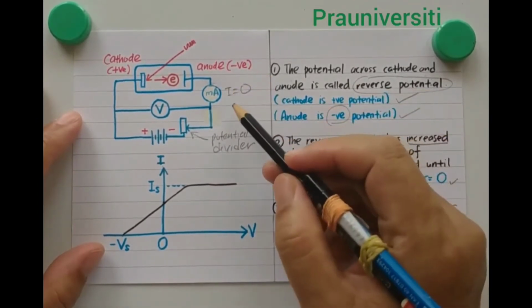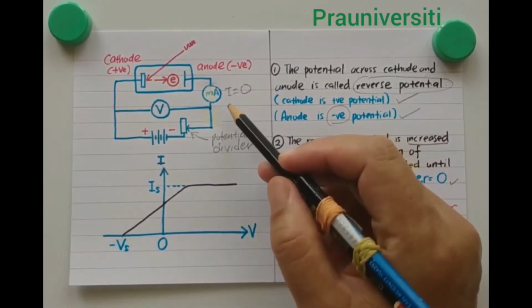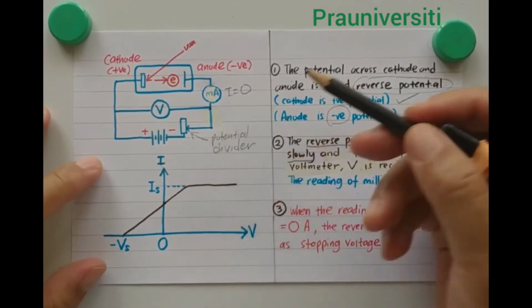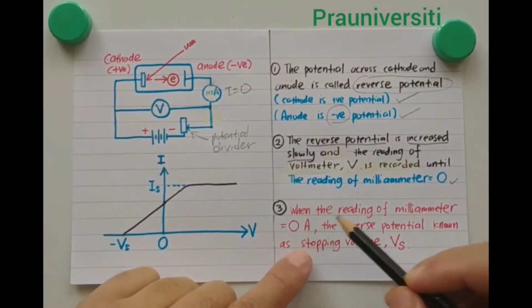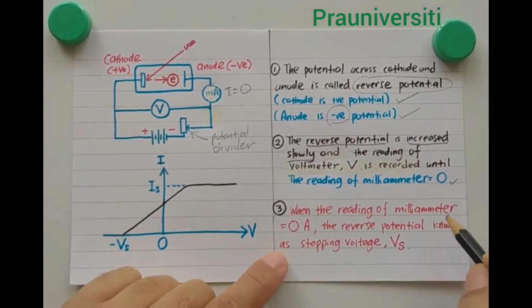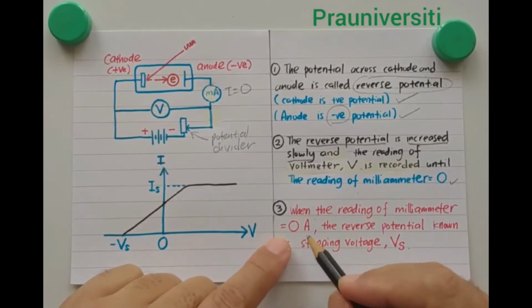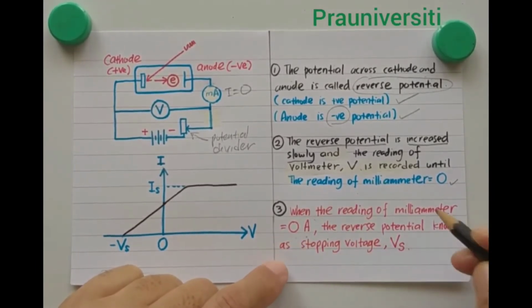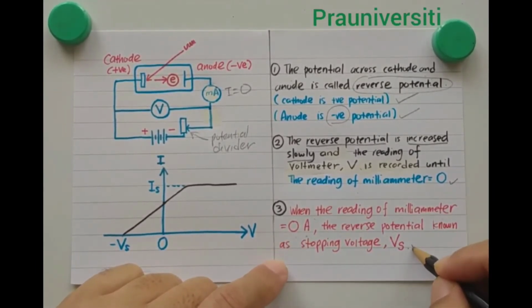There is no current flowing in the circuit. When the reading of the milliammeter is 0 ampere, the reverse potential is known as the stopping voltage.